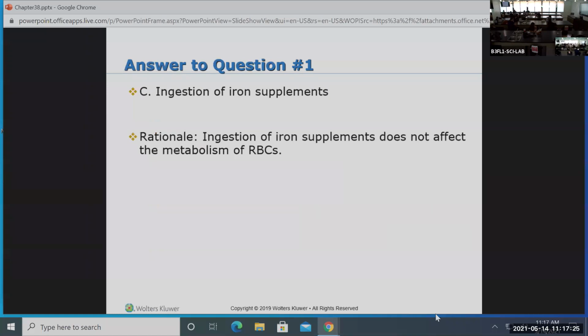But we do need iron for what? Why do we need iron? Carry oxygen. Okay, but before carrying oxygen, who needs that iron? Hemoglobin. For the synthesis of hemoglobin, we do need iron. Without iron, we cannot have functional hemoglobin. Each hemoglobin contains 4 iron, and each iron binds 1 oxygen.